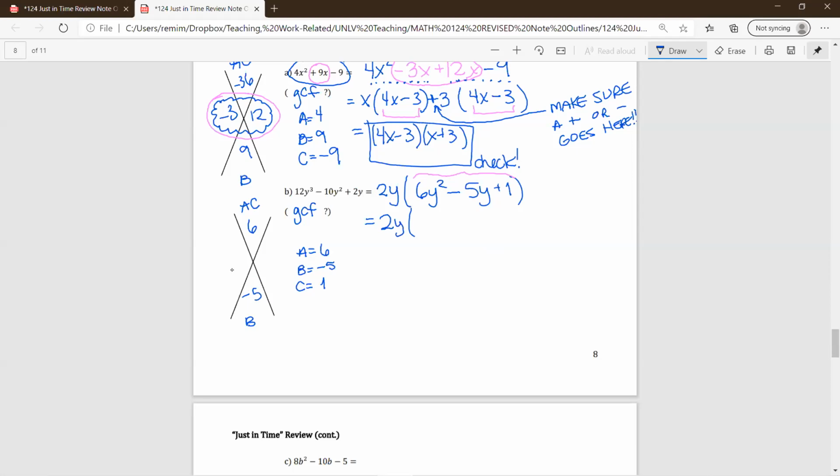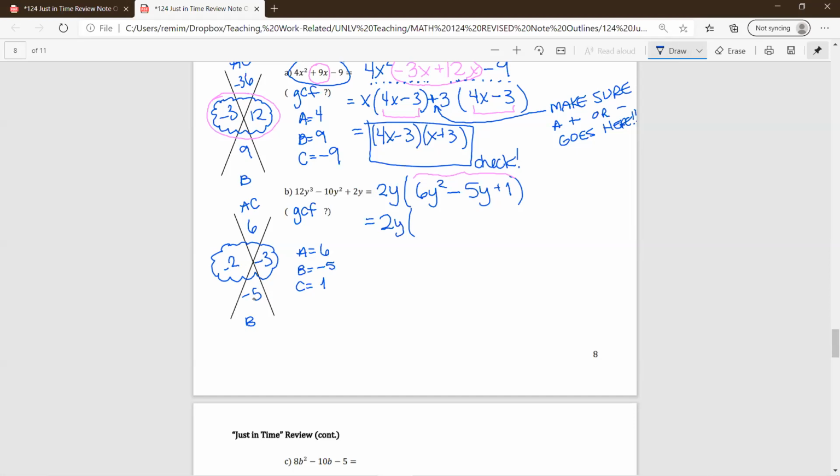And I'll just say that the two numbers are going to be -2 and -3. Double check. If I multiply those two together, I will get a +6. And if I add them together, -2 plus -3, we will get a -5. So these are good numbers.